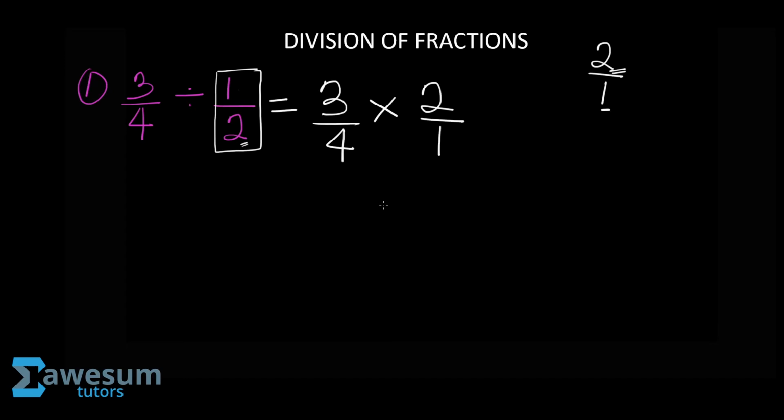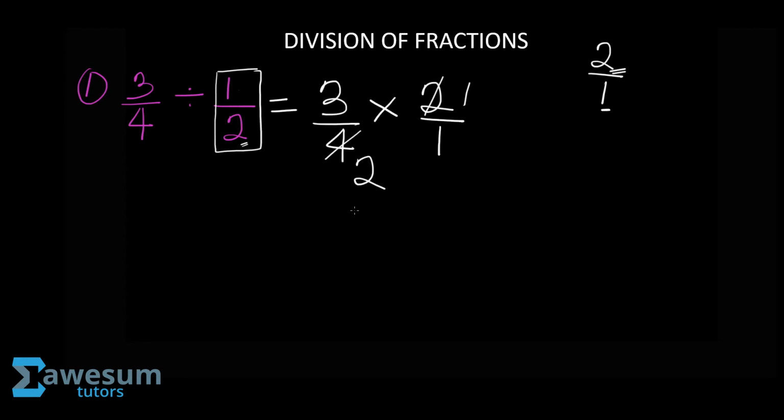You can use the cancellation method depending on how easy it's going to be for you to simplify. So let's take a look at this. 2 can divide this 1, 2 can go in 4, that is 2.